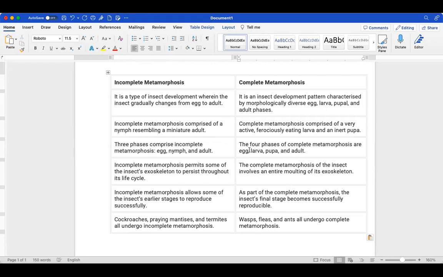But normally, from egg to adult there are no significant changes, it changes gradually, so we can say it's incomplete metamorphosis. Basically, that is there in trochochelous. But fleas, ants, frogs, wasps, butterflies undergo complete metamorphosis. Just write down these points very quickly.